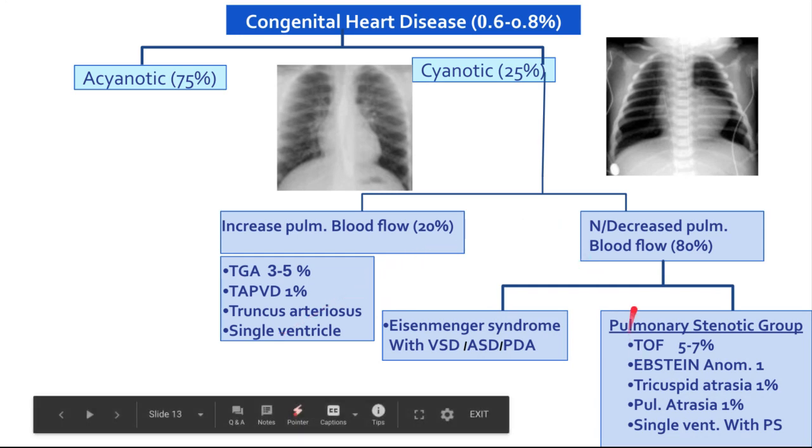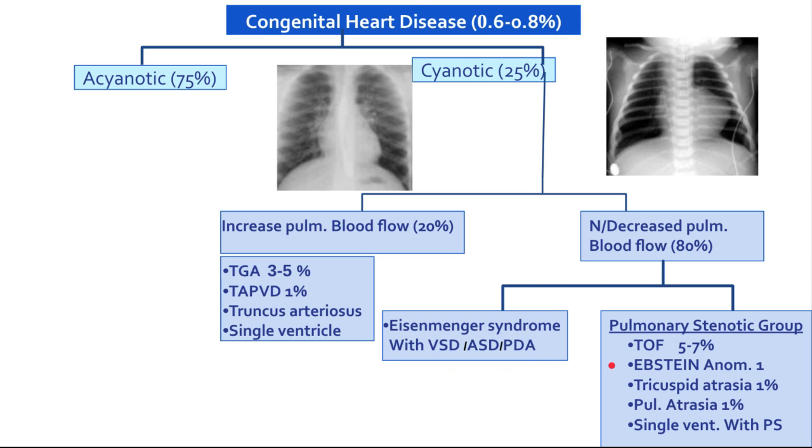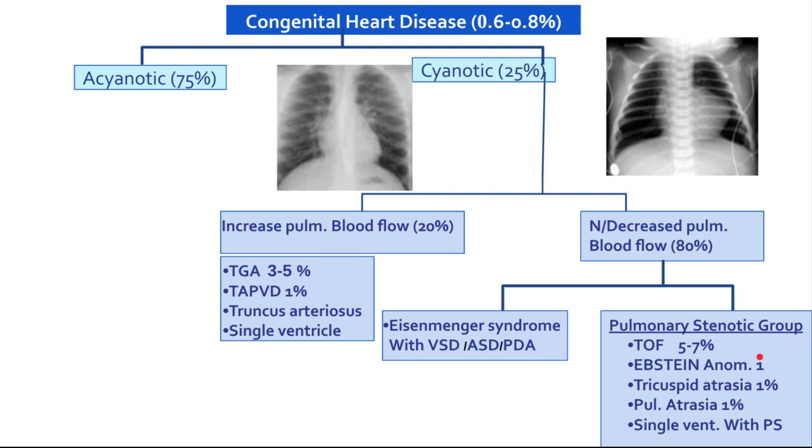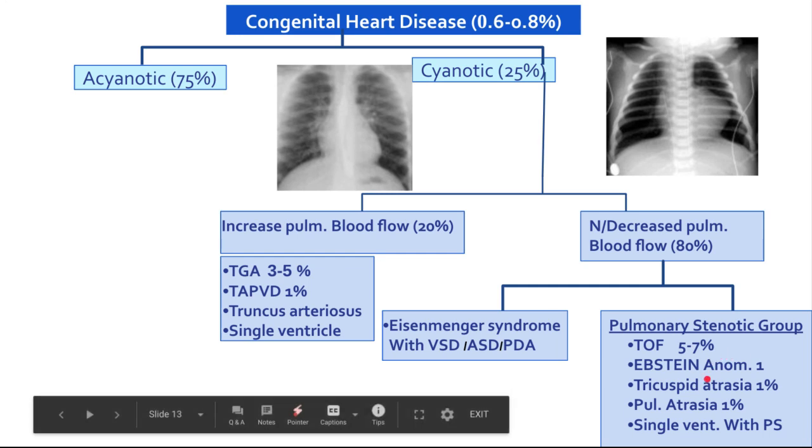Then the decreased pulmonary blood flow group includes Eisenmenger syndrome after VSD, ASD, and PDA, and the pulmonary stenosis group, which includes the most common cyanotic heart disease TOF, which is 5 to 7% of all congenital heart disease. Then Ebstein anomaly and tricuspid atresia are both examples of admixture physiology, where mixing occurs in the left atrium after right to left shunt.